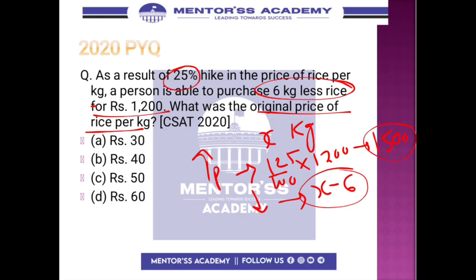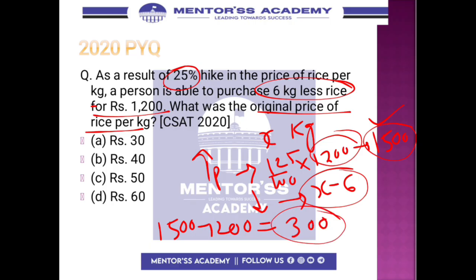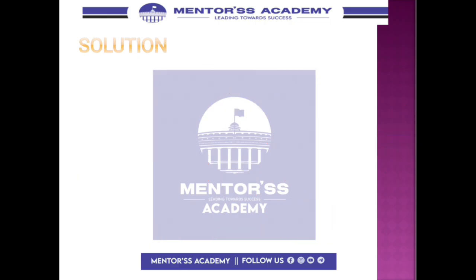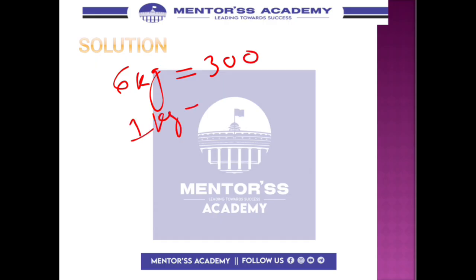What is the difference between the hiked price and the original price? That is 1500 minus 1200, that is 300. So that implies 6 kg less rice equals 300 rupees, so 1 kg implies 50 rupees.